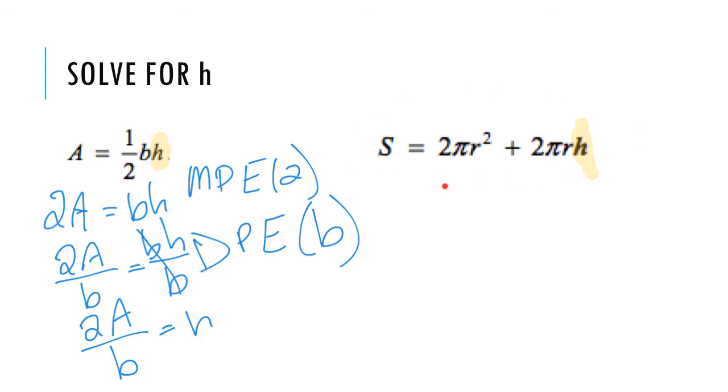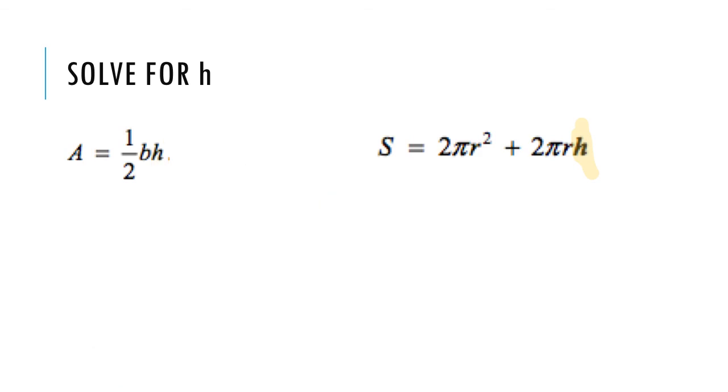Here's another formula for us. Once again, we're going to solve for height. So let's imagine that we know the radius and the surface area, looks like. And we're trying to find the height of this. So I gave myself some room here.